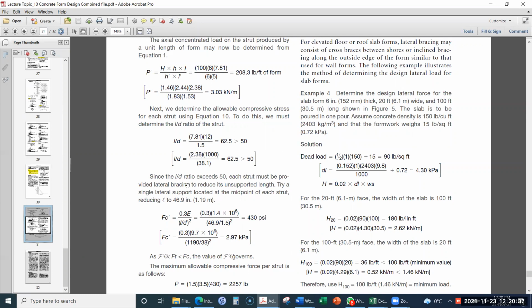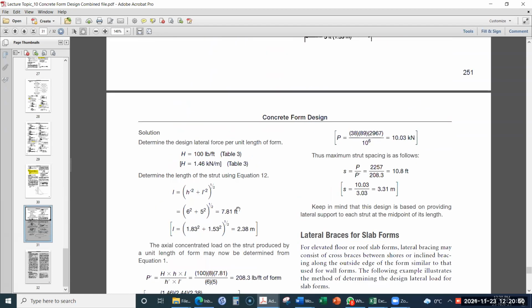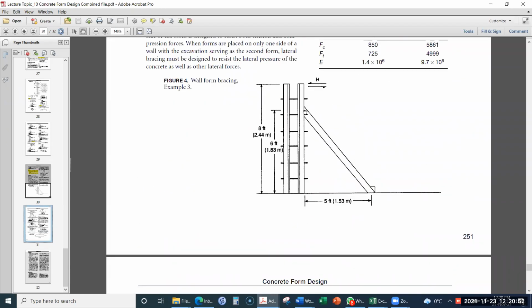So in this case, since the L over D ratio exceeds 50, each strut must be provided lateral bracing to reduce its unsupported length. It means that this strut is actually quite long, because its L over D ratio is greater than 50.